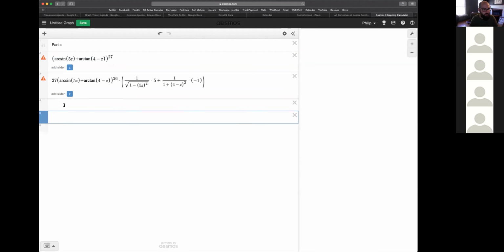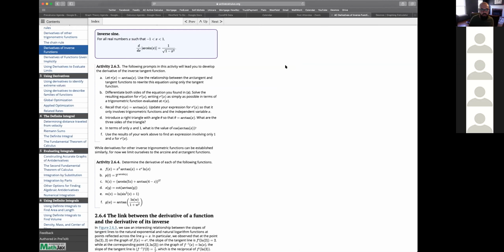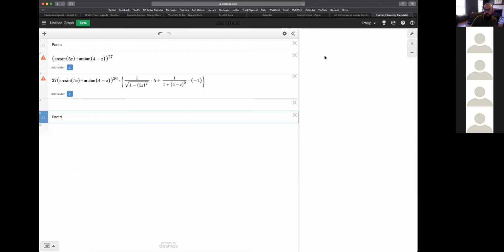All right, so there's part C, and here's part D. For part D, we're bringing up cotangent of arctangent of y as our expression. What do you got for me? What are you thinking about?